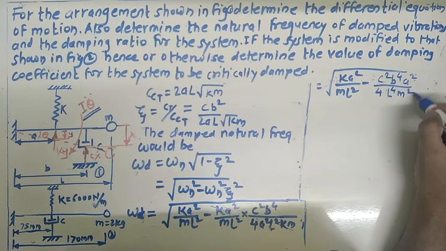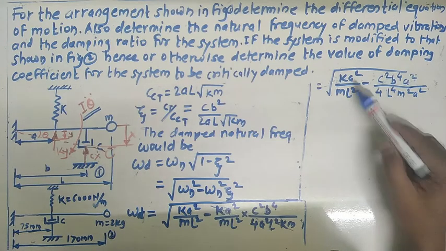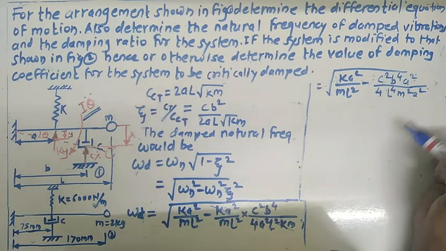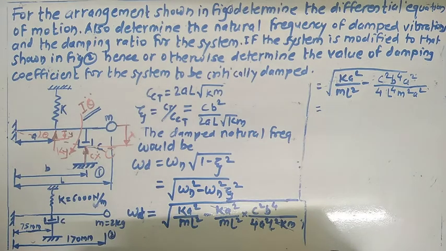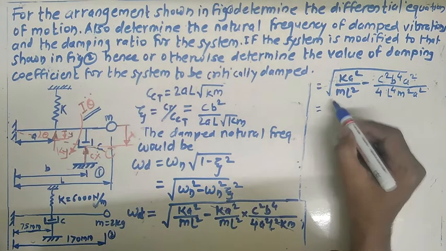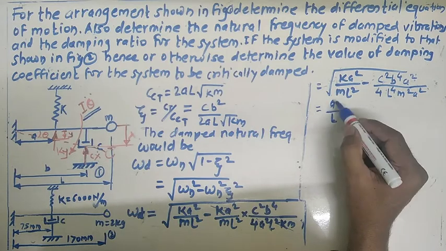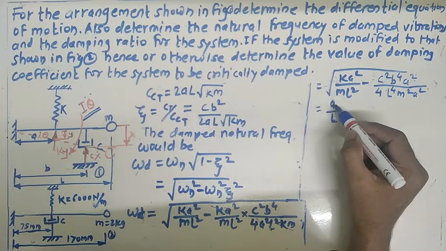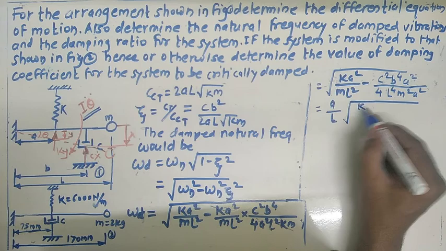Here we can easily take a square by l square as common. Now see in the next step, what do we get? Taking a square by l square common, and taking the a by l term outside the square root sign, the k by m term remains inside.